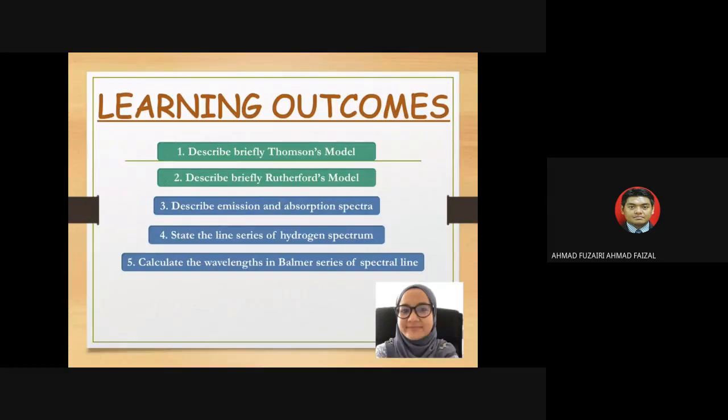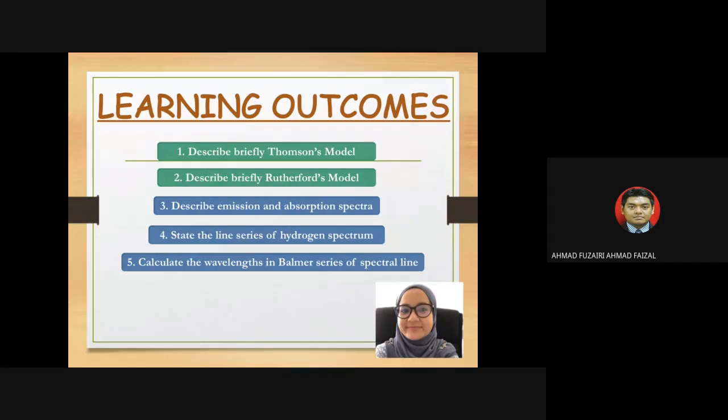The first one, students should be able to describe the first early model, known as Thomson's model. Number 2, the second model of the atom: students should also be able to describe Rutherford's model of the atom. Number 3, students should be able to describe emission and absorption spectra.